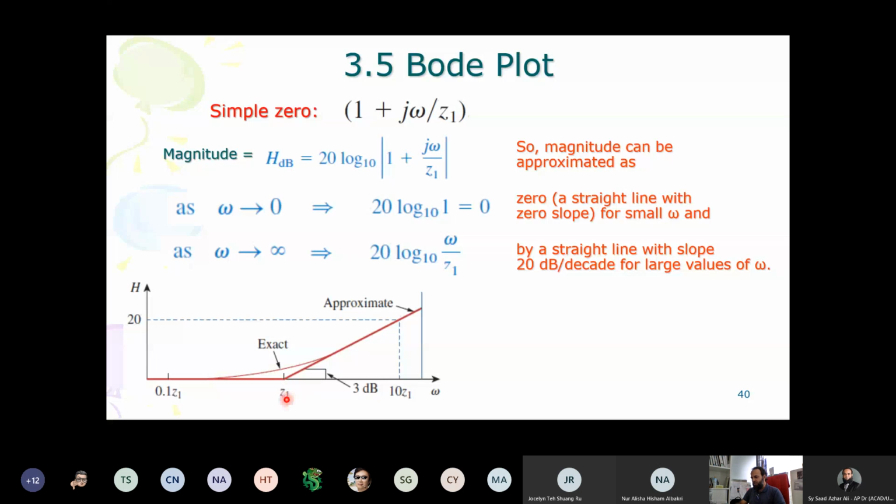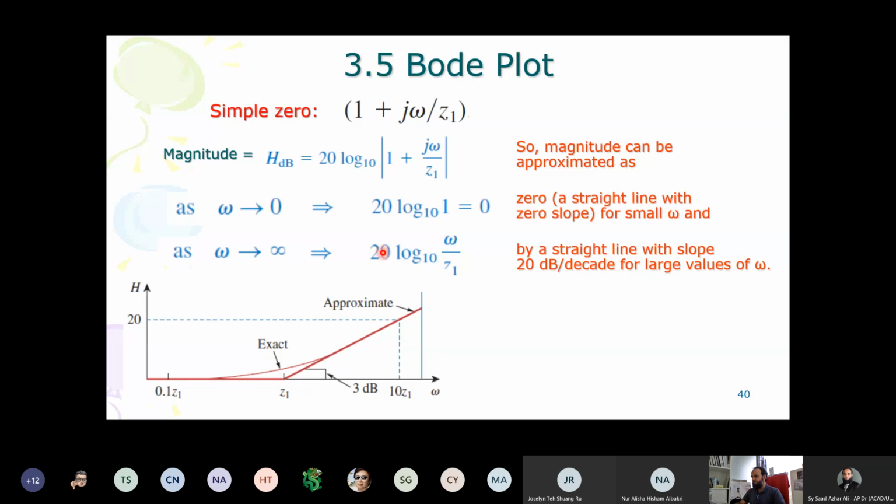We assume that it is very small. And after Z1, we'll have a line, a plot of 20 dB per decade. So from Z1 until 10 Z1 like this, the slope of the line is 20 dB per decade for a simple 0. So we do nothing for whatever it is before Z1.